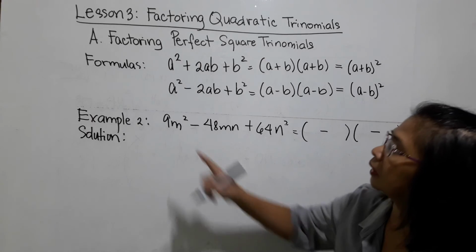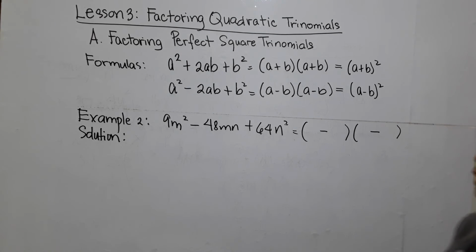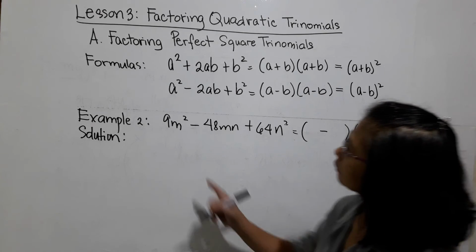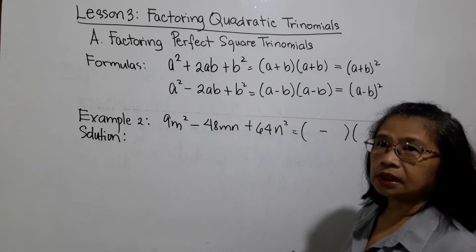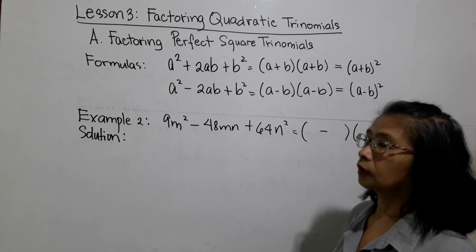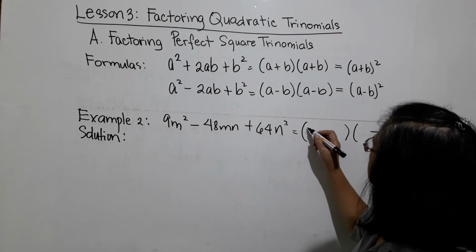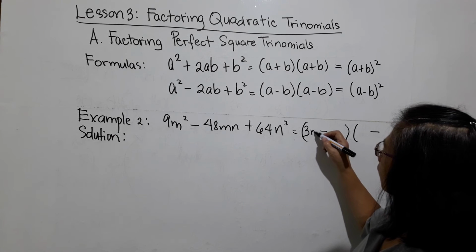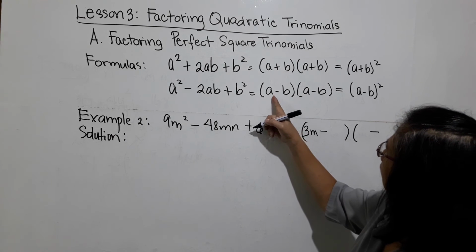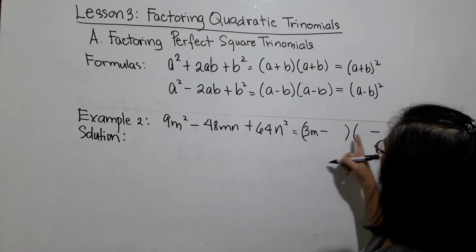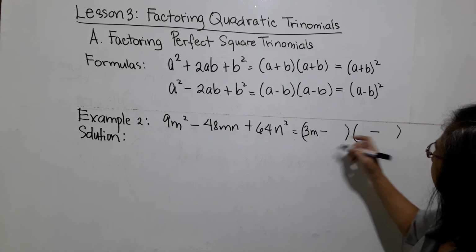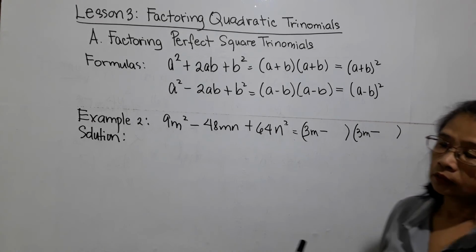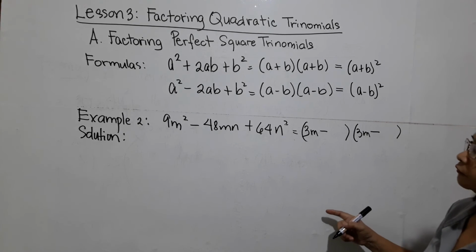Then, give me the square root of 9m squared. What about 9 first? What is the square root of 9? Of course, it is 3. What about m squared? It is m. Following the formula, a here and a here, so we just copy 3m. And then 64, what is the square root of 64?